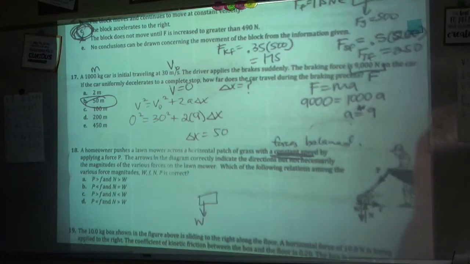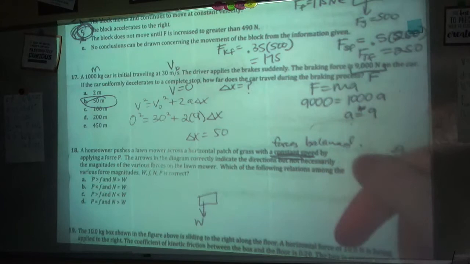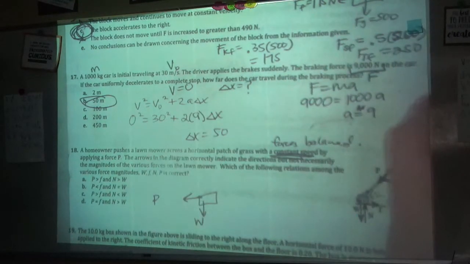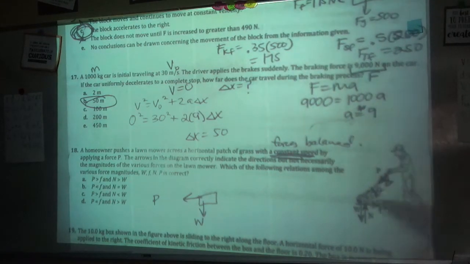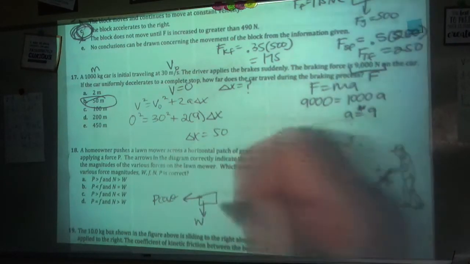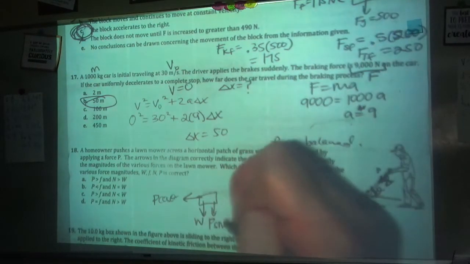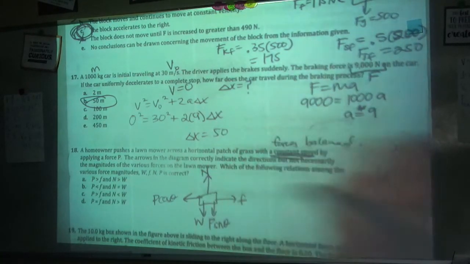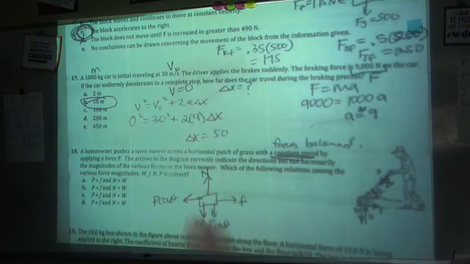The force P is pointing down and to the left, so if this is the angle, the x part would be P cosine of the angle, and down would be P sine of the angle. And then we, of course, have the normal force up and friction going against it. We know that these are equal, and these two equal the normal force.